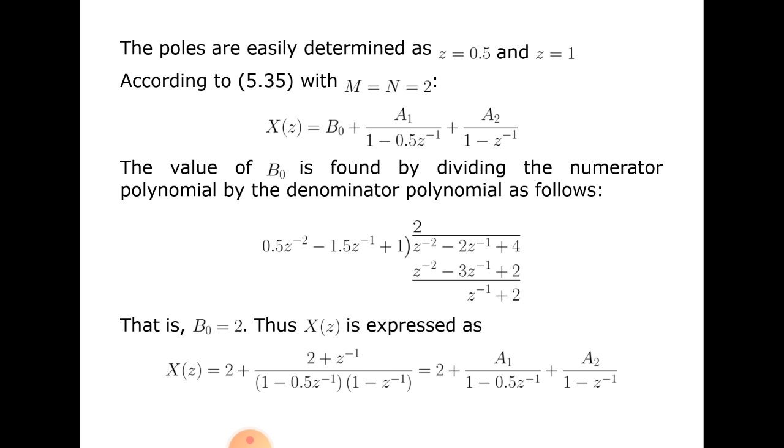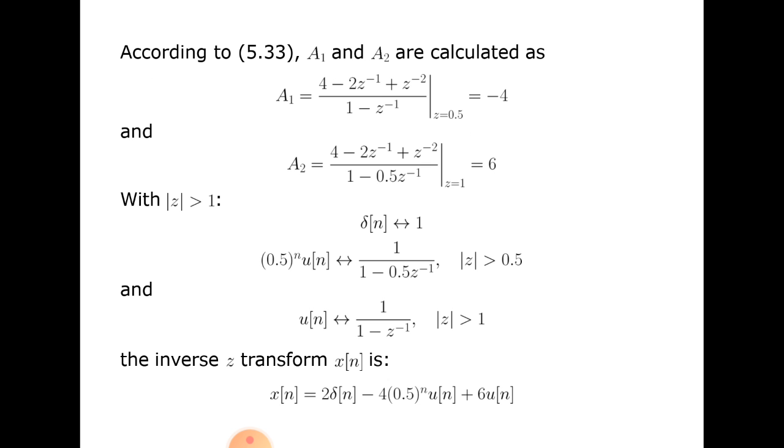Thus X of z is expressed as X of z = 2 + (2 + z^(−1)) divided by (1 − 0.5z^(−1))(1 − z^(−1)), which is equal to 2 + a1 divided by (1 − 0.5z^(−1)) + a2 divided by (1 − z^(−1)).